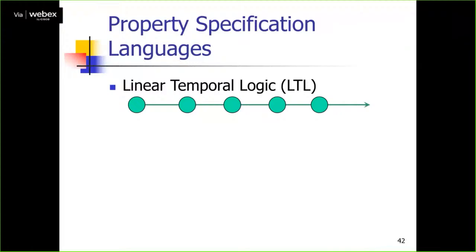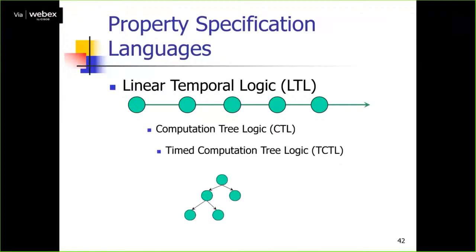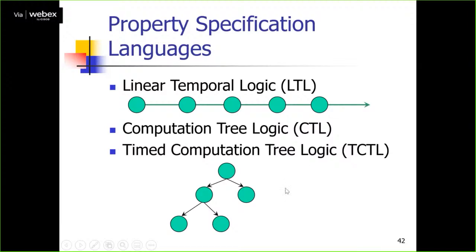Each property is specified through a language, linear temporal logic, called LTL. Each transition of a state is linearly dependent, one to one. This is called linear temporal logic. Computation tree logic is derived from a root of the system, and the dependability goes further.